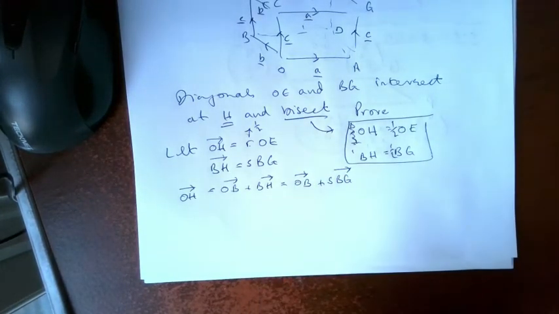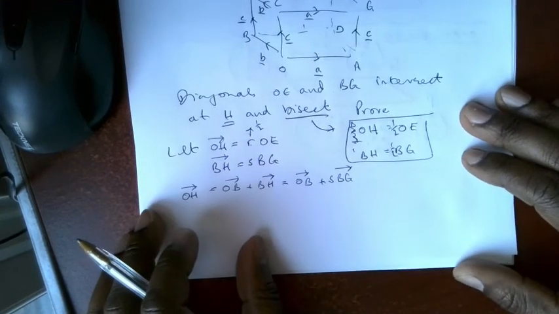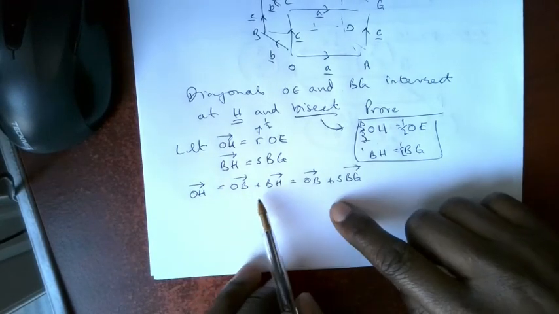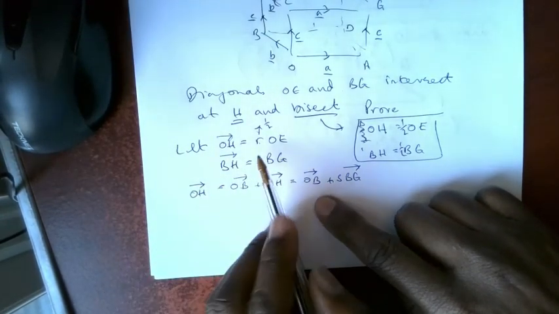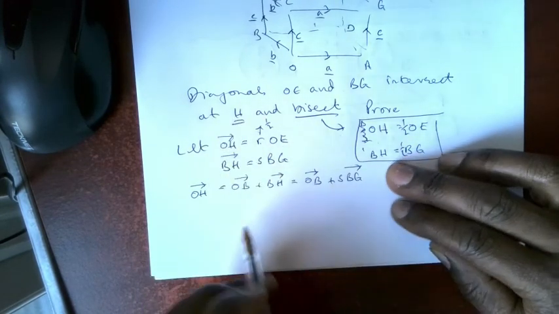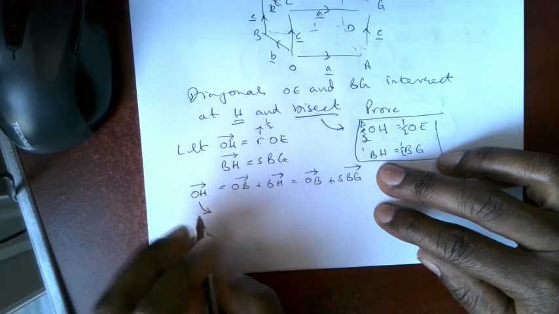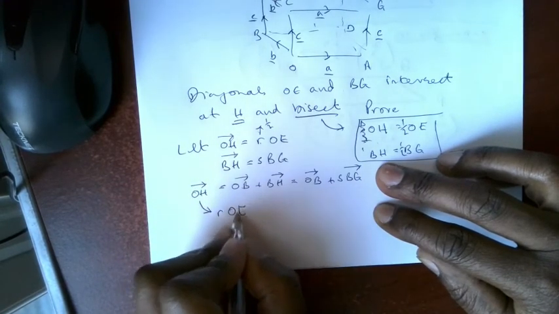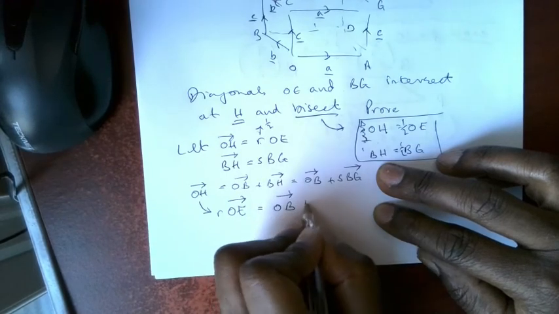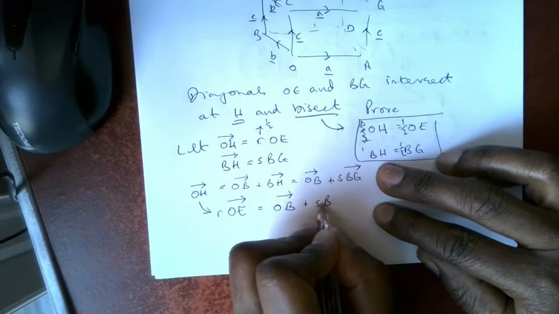Now, we can do the same with going from, well, what we can do now, O to H, remember we said is a fraction of OE. So putting all of this together, OH we can replace with a fraction of OE, that equals O to B plus a fraction of BG.